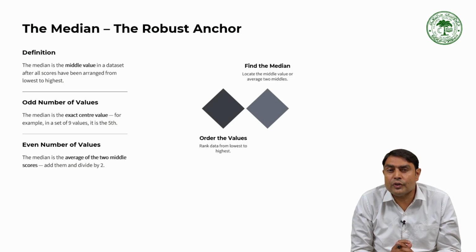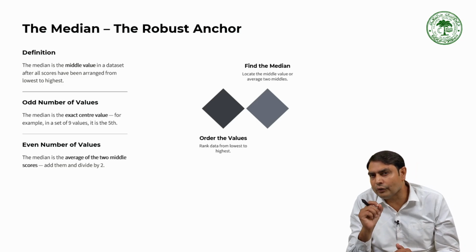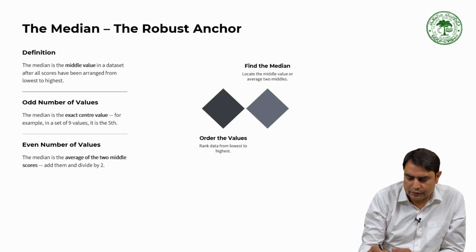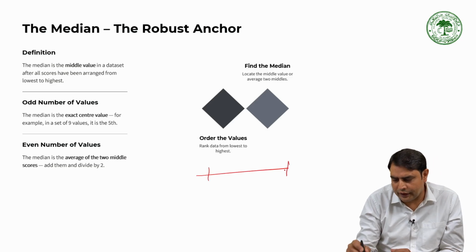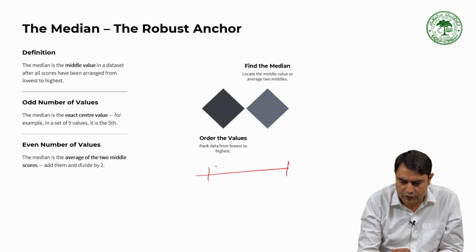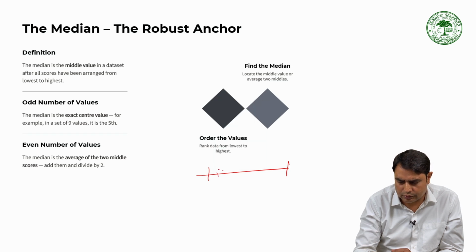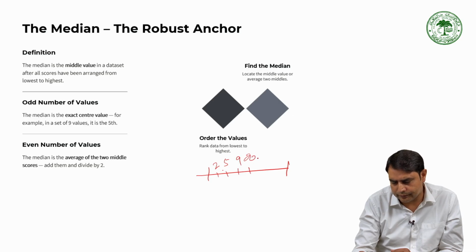If the number of observations is odd, the median is exactly the middle value or middle score. For example, if I have a set of data in which the first value is 2, 2, 5, 9, 20, 28, 30 and 40.